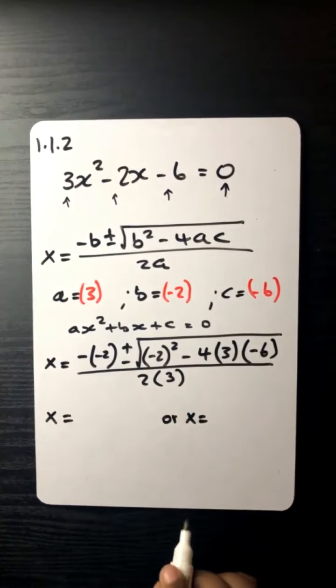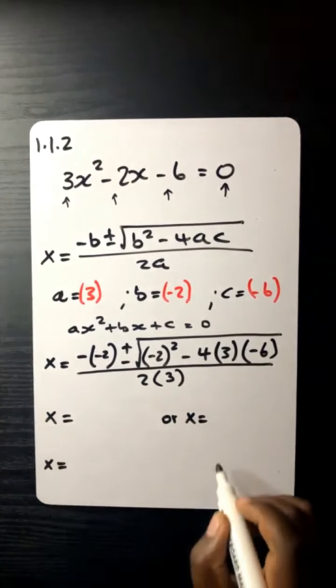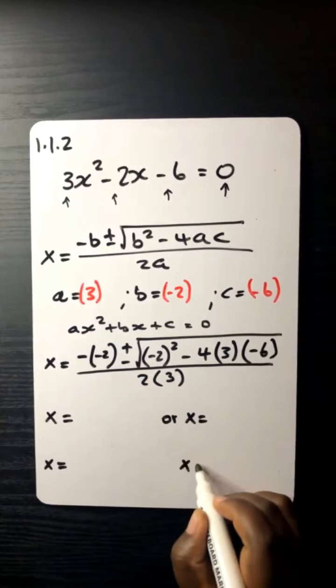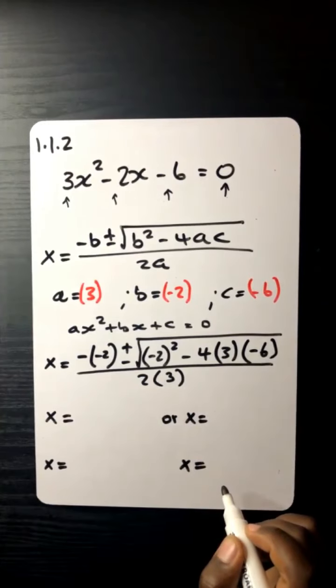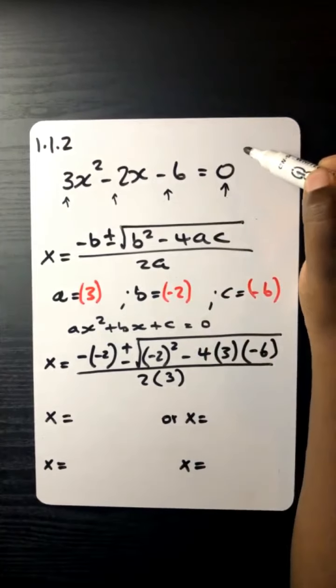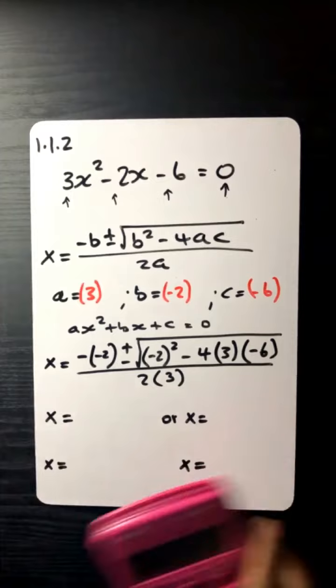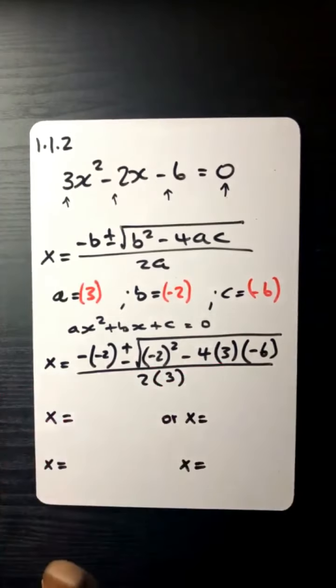As soon as you get that fraction form, convert it to decimal, and most importantly, round it off to the nearest, or correct to 2 decimal places. Very, very important, ladies and gentlemen.